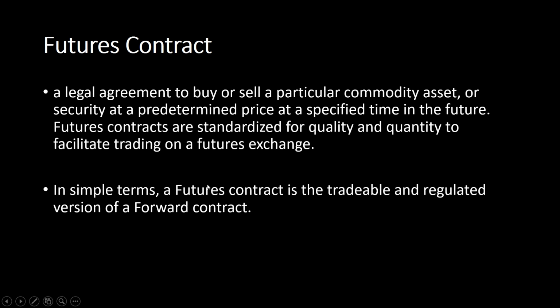The difference between futures and forward contracts is that the futures contract is traded on an exchange, it's regulated and standardized, and it's available for trading even for people outside the producers, buyers, sellers, and the people in the supply chain. So let's move on.